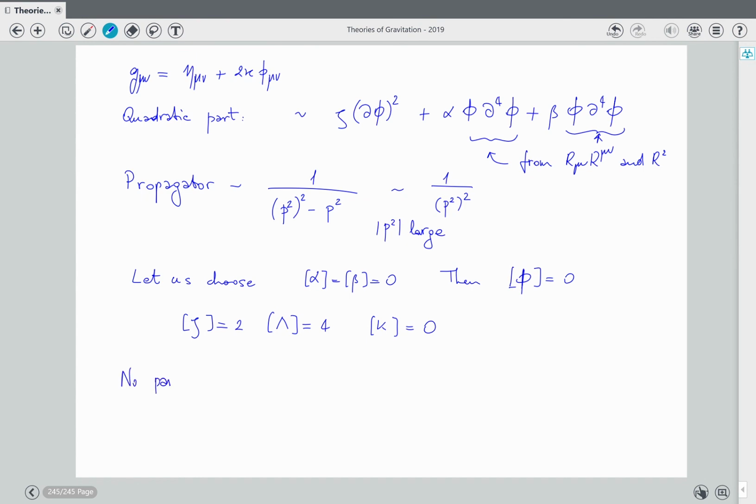No parameter of negative dimension, and that means that you cannot even construct a counterterm like that, because you should write in front something that has dimension -2, and every parameter must appear polynomially. But alpha and beta.